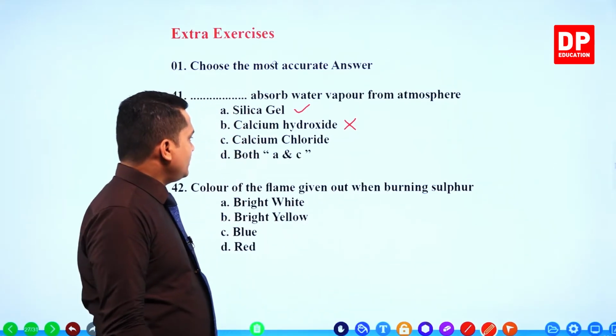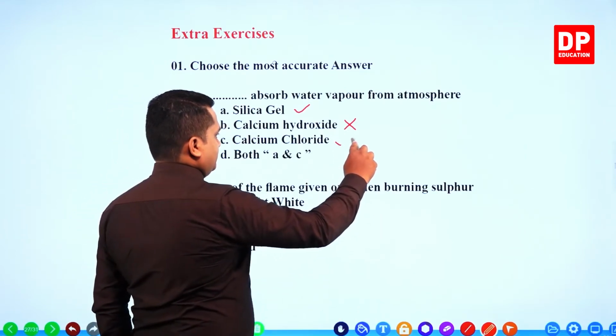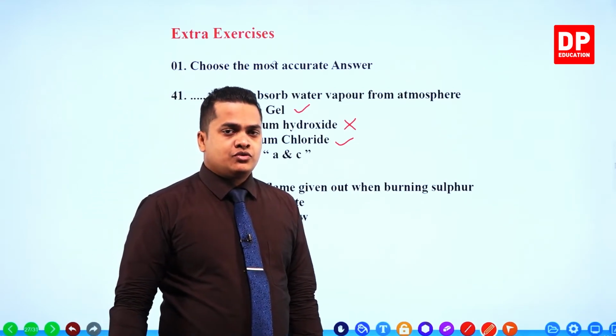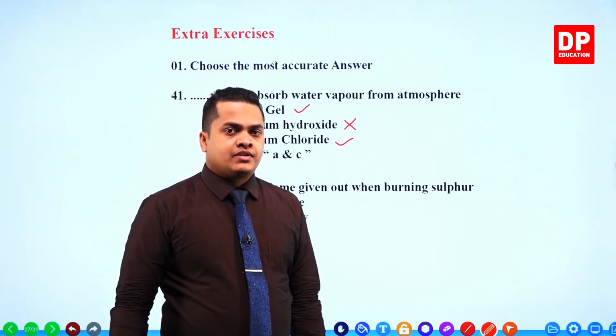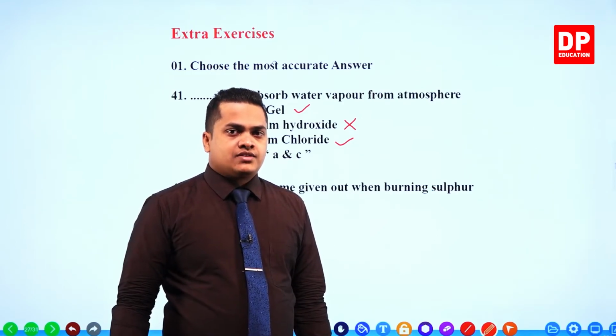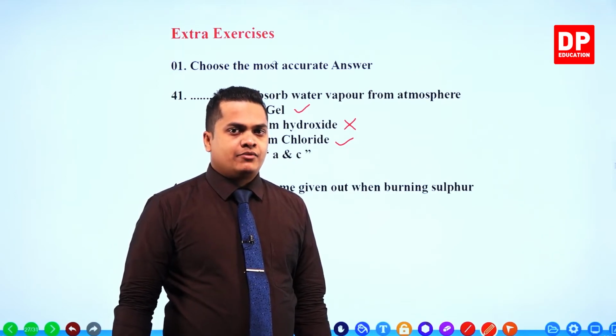Okay. Next one, calcium chloride. This is also correct. Calcium chloride is also used to absorb water vapor. When we do the experiment about the tarnishing of metals and the rusting of iron, we insert calcium chloride at our laboratory.